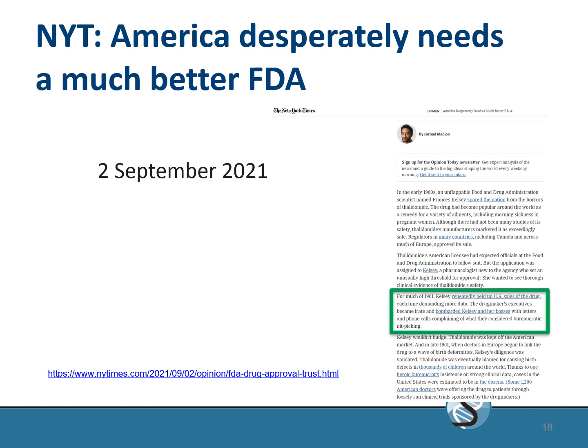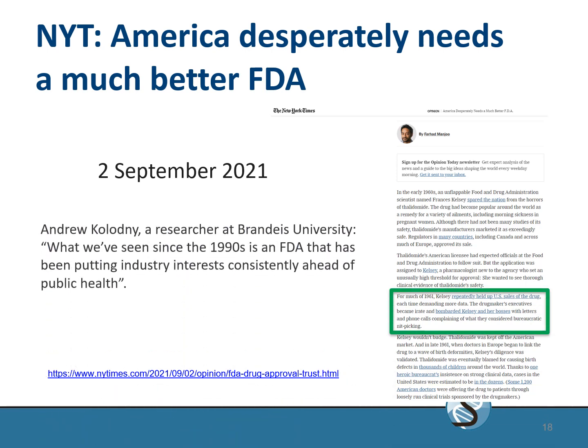It reminds the history of thalidomide, and Andrew Kolodny, a researcher at Brandeis University, says that what we have seen since 1990 is a FDA that has been putting industry interests consistently ahead of public health. Let's leave this question as rhetoric.